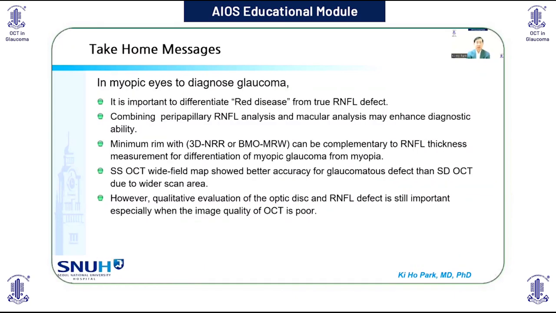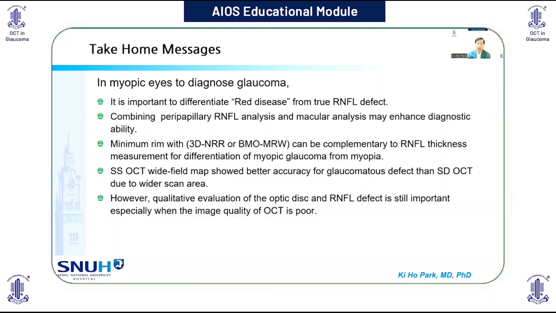So these are the take-home messages. In myopic eyes, to diagnose glaucoma, it is important to differentiate red disease from the true RNFL defect. Combining peripapillary RNFL analysis and macular analysis may enhance diagnostic ability.